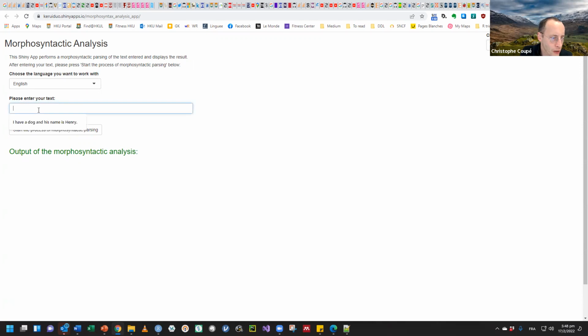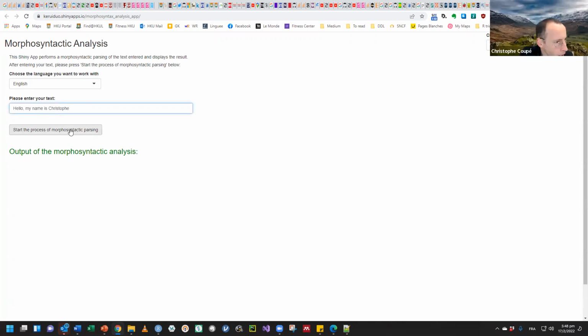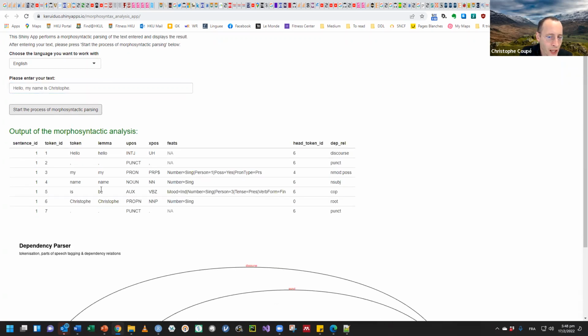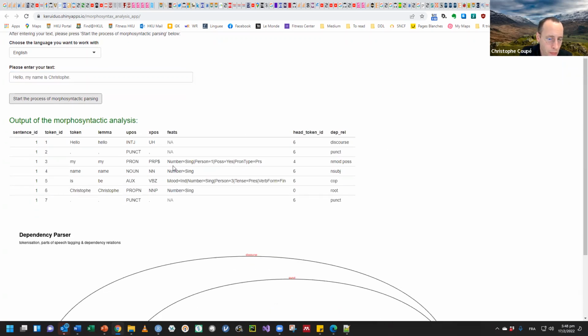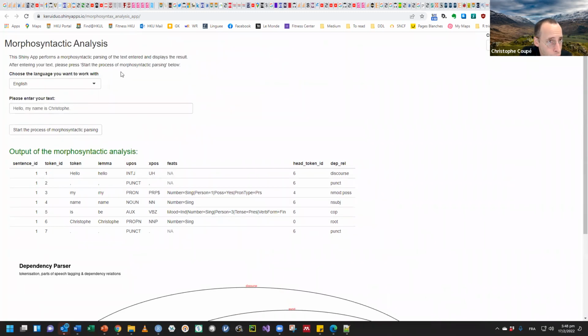So let's say English. And you can type a sentence and you can process it just by clicking the button. And then what you will get is the table I've shown you. And you can also see the connections between the elements. That is an additional thing, but it does exactly what I've shown you. But you can use R, or if you want to play with it, you can use this simple tool I prepared for you and for other students.